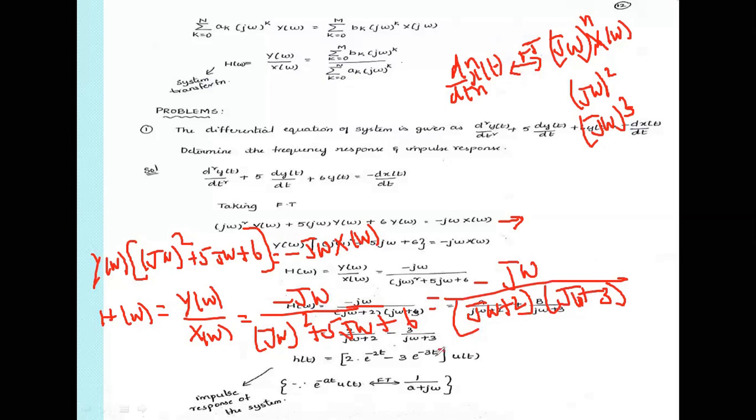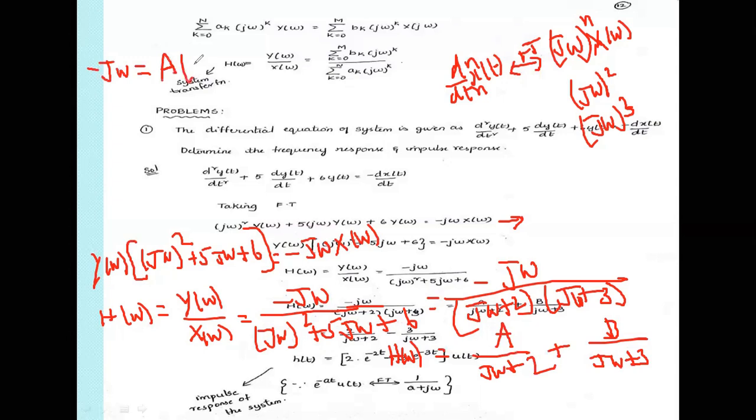So using the partial fraction expansion method, find the A and the B. H of omega is equal to A by j omega plus 2 plus B by j omega plus 3. Now, minus j omega is equal to A into j omega plus 3 plus B into j omega plus 2.